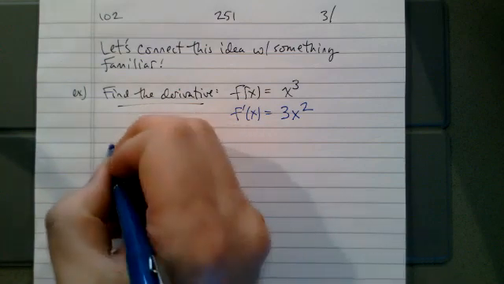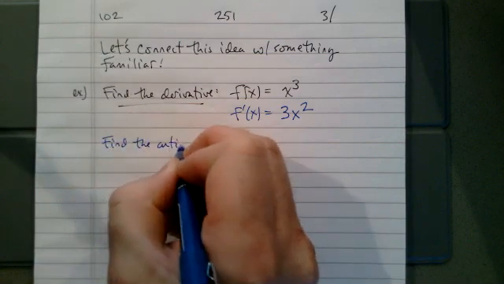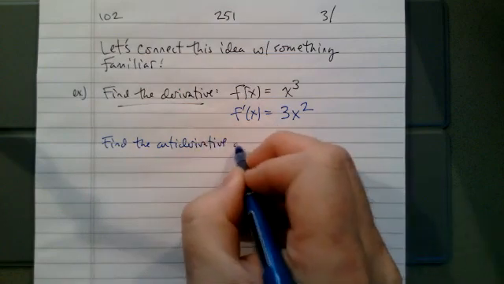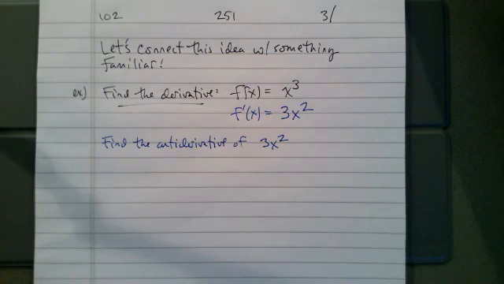And I need to be able to say, find the antiderivative, that is, what function has a derivative of 3x squared?